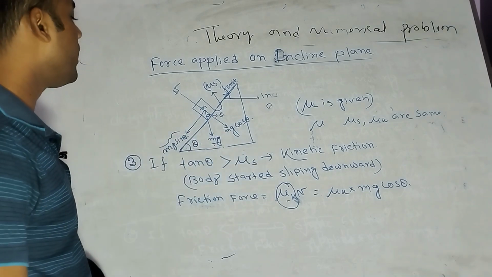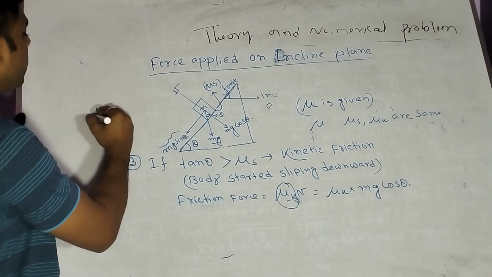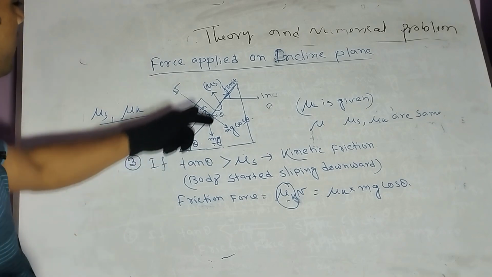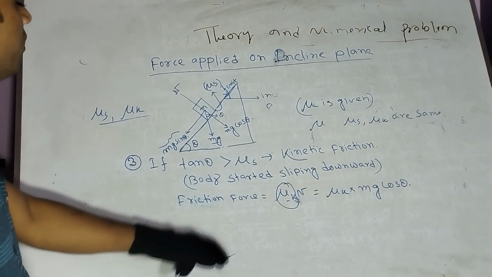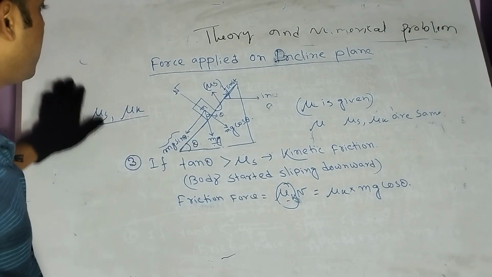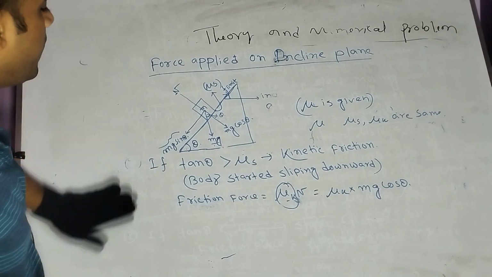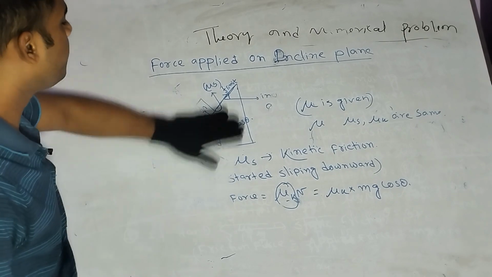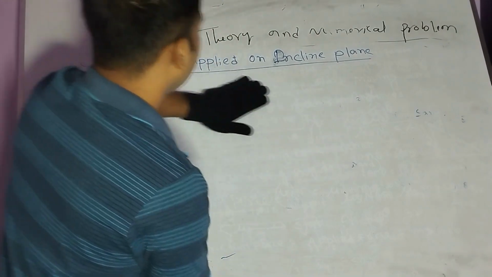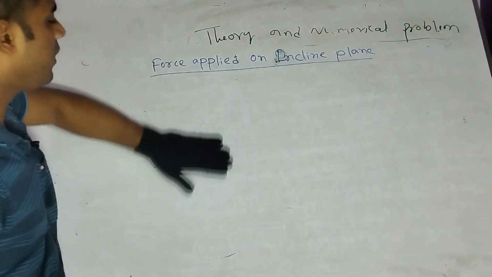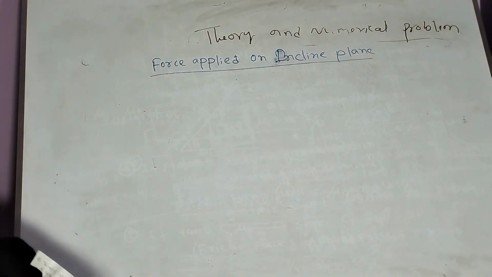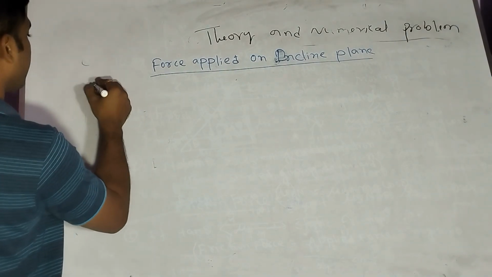But if two data are given in a question, mu s and mu k, then when the condition is tan theta greater than mu s, the friction force uses mu k data, not mu s. This is the complete inclined plane. These three equations are very important for numerical problems on inclined plane. On inclined plane, the given question number, the next question: angle of inclination.